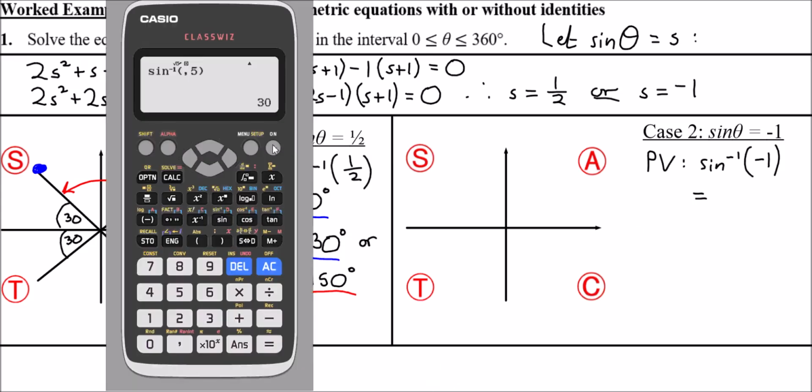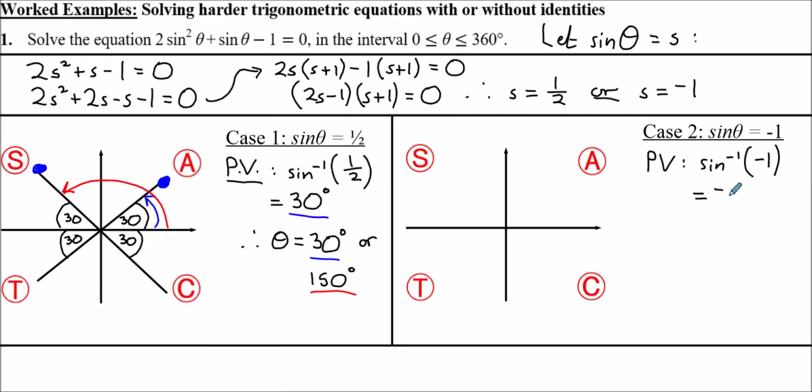So if we try this, shift sine minus 1, we get minus 90. So negative 90. Angles that are negative are measured clockwise from the positive x-axis. So minus 90 is going to be here. So it's going to straddle the T and the C quadrants.